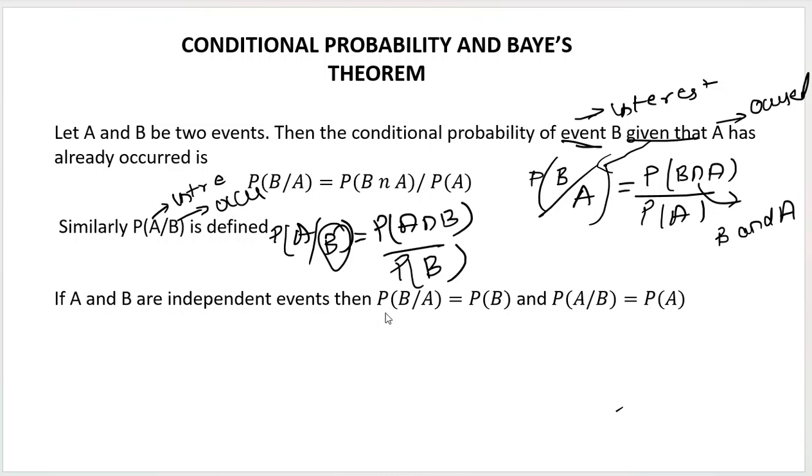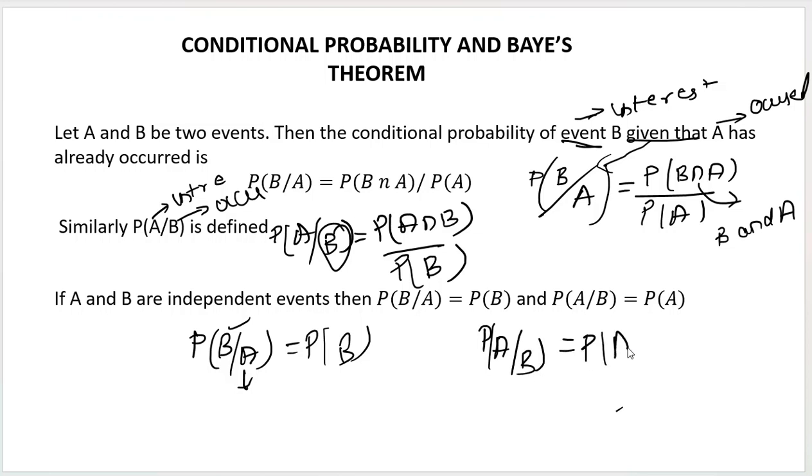Now, in case A and B are independent events, then P of B by A is nothing but P of B. That means the probability of event B, the interested one, is not getting affected by the already occurred event. Similarly, P of A by B is the same as P of A. That means the probability of the interested event, event A, is not getting affected by the event which has already occurred, event B.